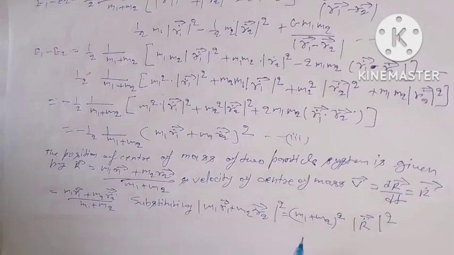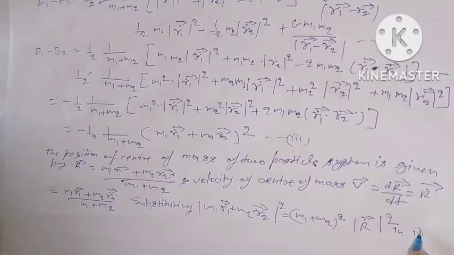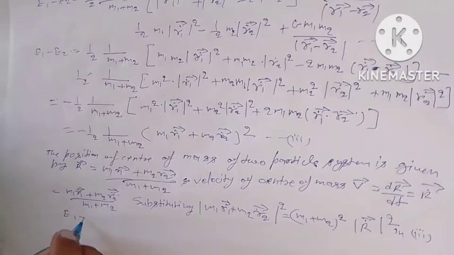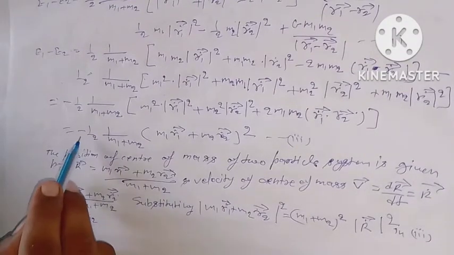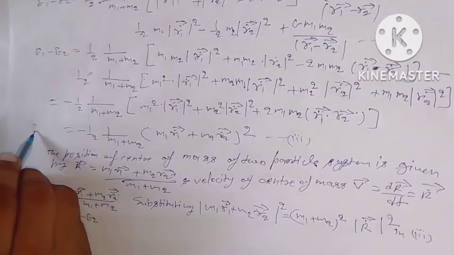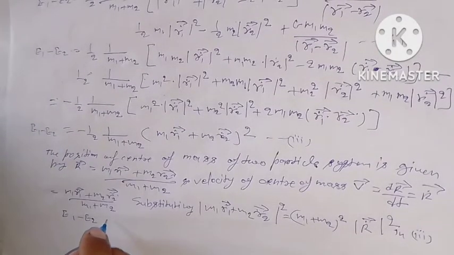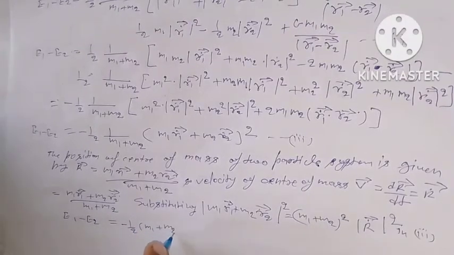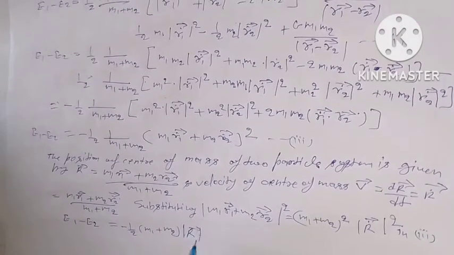Substituting in equation number 3rd, we have E1 minus E2 equal to minus 1 upon 2 m1 plus m2 derivative of capital R whole square.